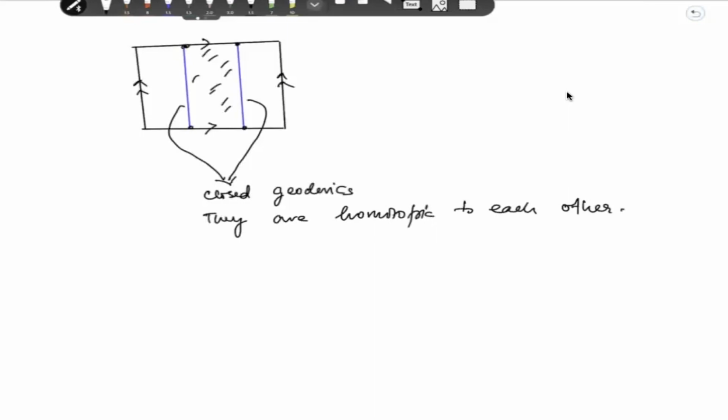So if I take a closed geodesic in the torus, in its homotopic class you can get hold of another geodesic.